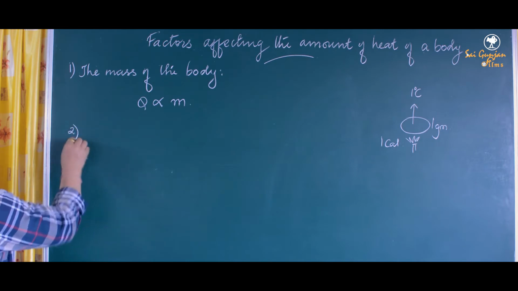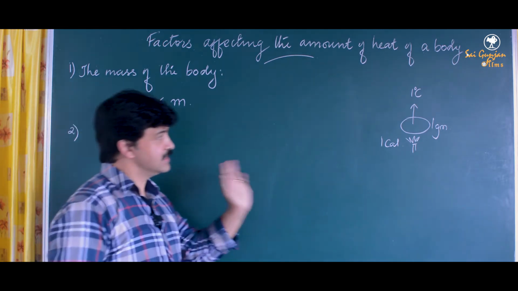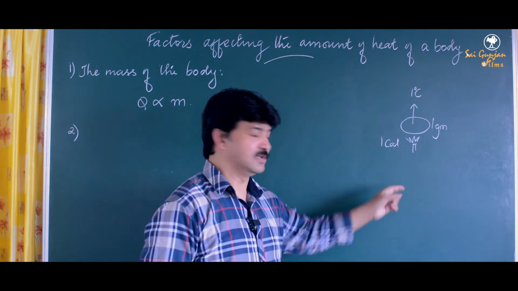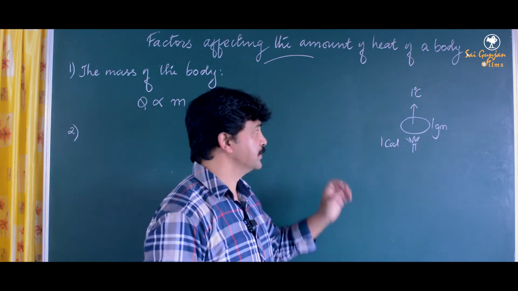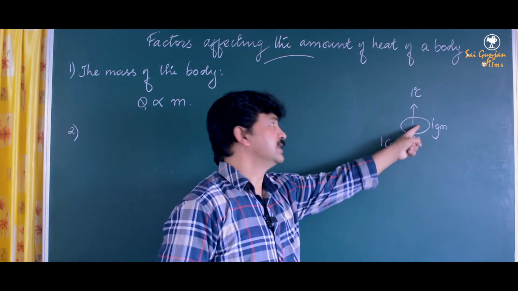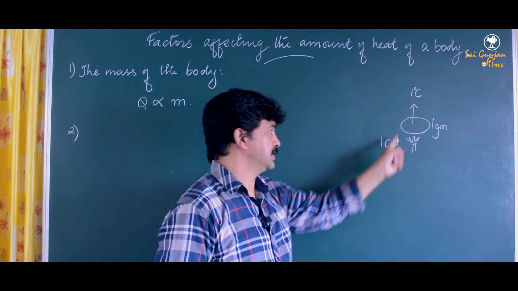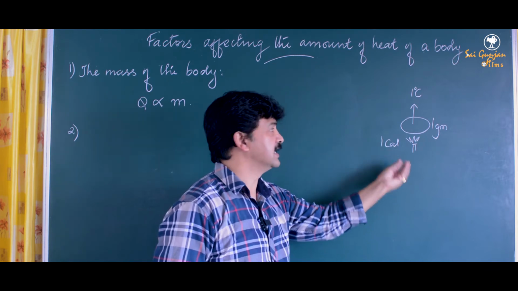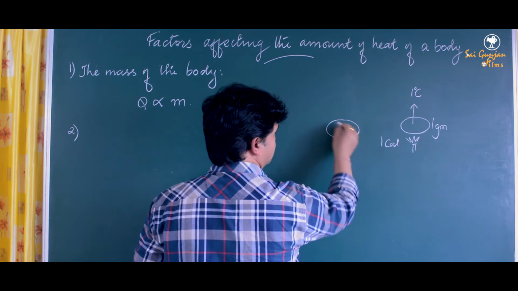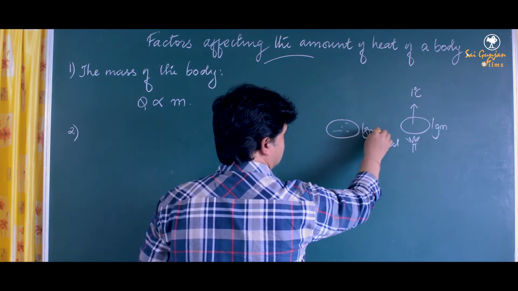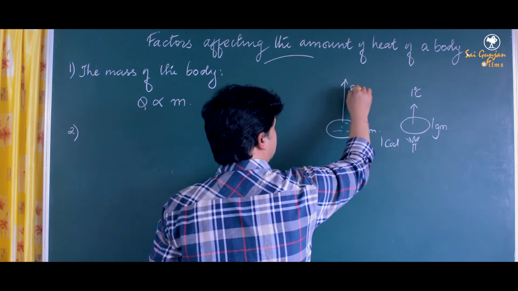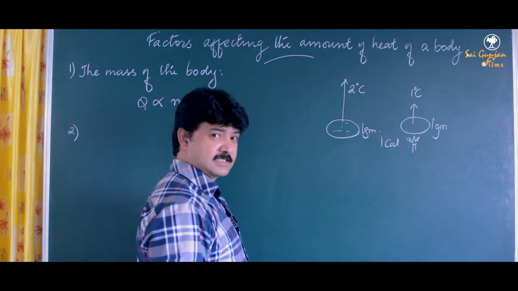Now factor number 2. To understand the second factor, let me take the same example of the calorie. This is 1 gram of water. For its 1 degree Celsius rise in temperature, it requires 1 calorie of heat. Now I'm taking the same amount of water, 1 gram, but I want to increase its temperature by 2 degrees Celsius.